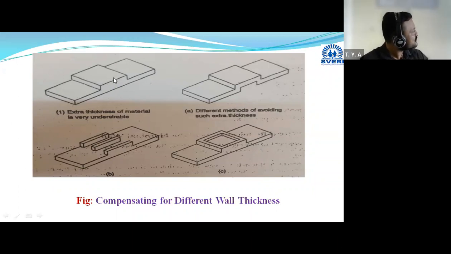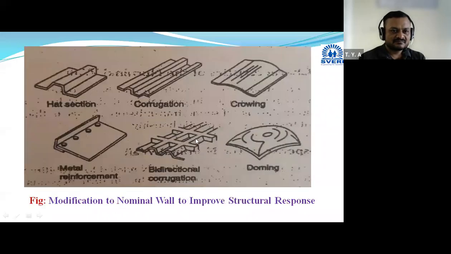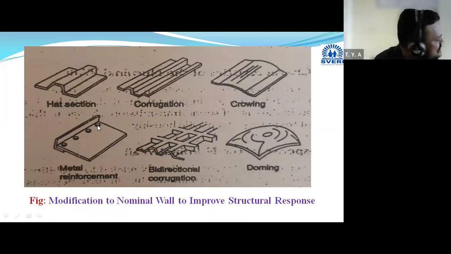Instead of using this thick portion, go for this modified design. These are the modifications made. Just try to observe that we are going for uniform and minimum wall thickness as far as possible. Uniform wall thickness should be there.